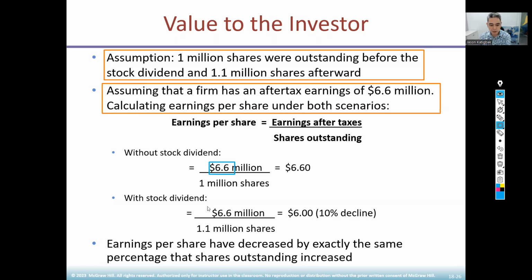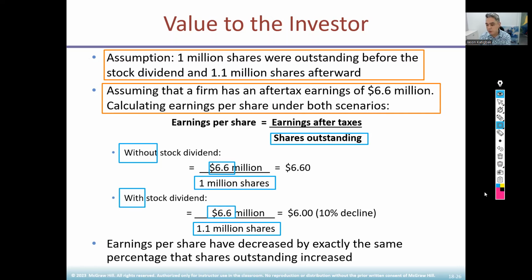So 6.6 million is your after-tax earnings before and after the stock dividend. And of course, the shares outstanding is now different, from 1 million shares to 1.1 million shares. So what's the impact? Your EPS will be diluted.